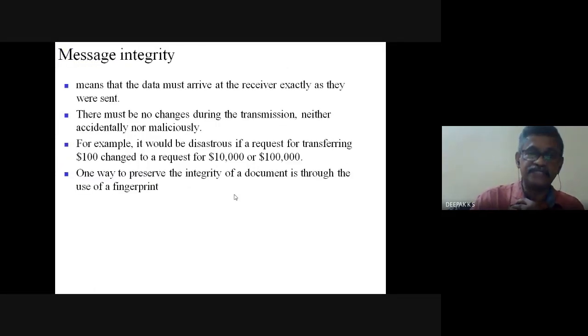Now message integrity. The data at the receiver should be the same as what was sent. It should not change during transmission, either accidentally or maliciously. Someone purposefully should not be able to change the data.